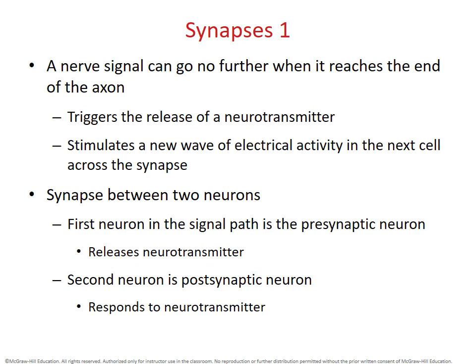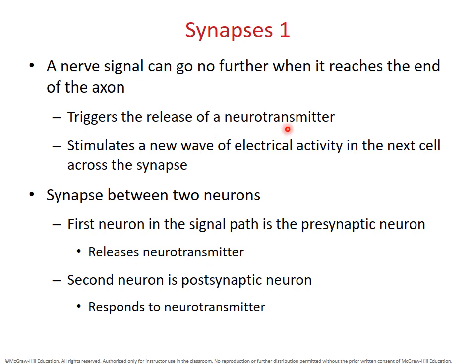As we know from the neuromuscular junction, it's a chemical signal that traverses the gap or the space between the axon terminal and the next cell, and this chemical is referred to as a neurotransmitter. And the gap over which the neurotransmitter has to diffuse in order to stimulate the next cell is called a synaptic cleft.